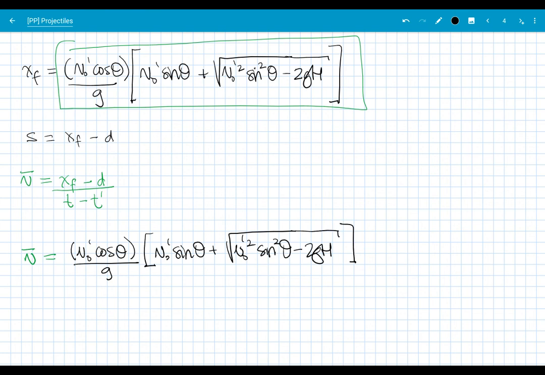I know, silence. It takes me a minute to write all this out. So there's my x final. I'm going to take this quantity here, subtract d. That gives me my numerator. And then in the denominator, it's t minus t prime. So t I'm getting from the page before.